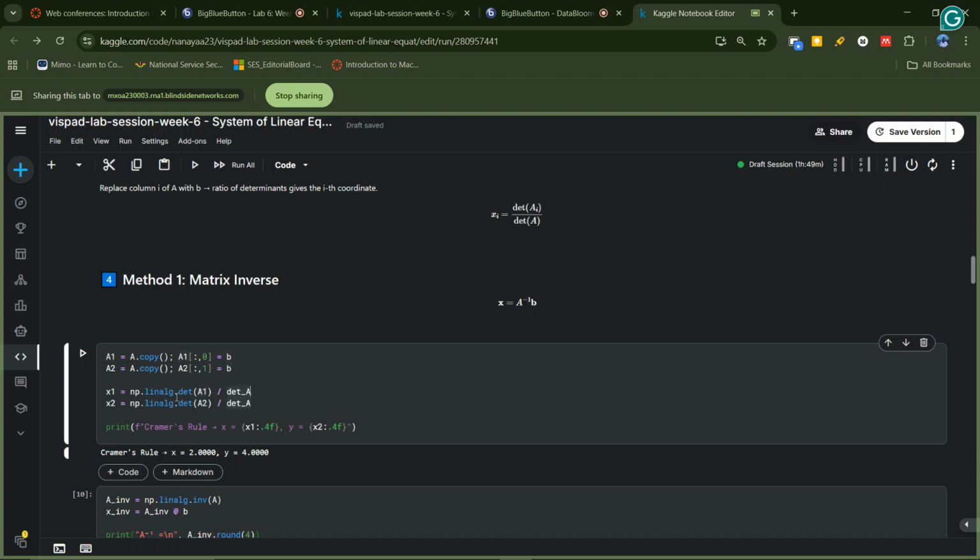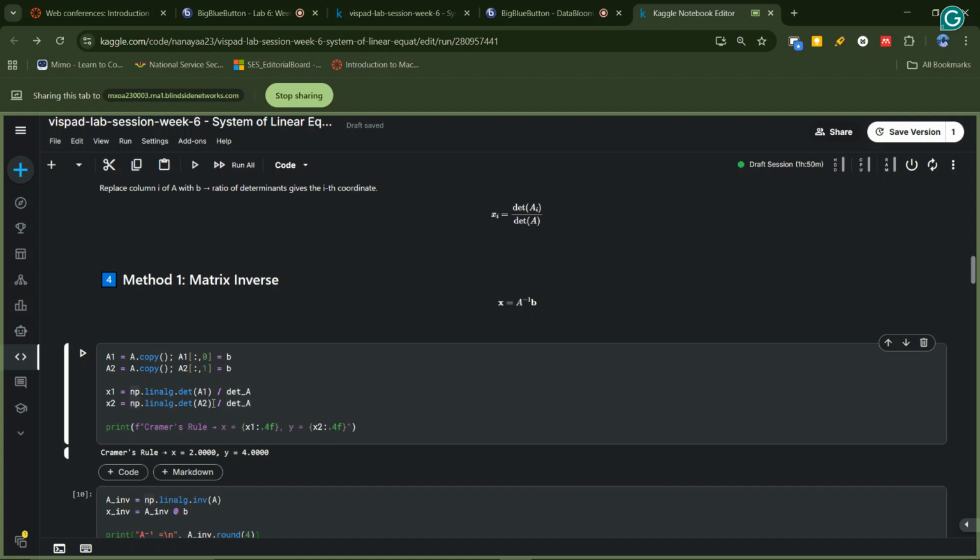So X1 becomes, so X1 over here, don't be confused. Your X1, X2, it could have been X1, X2. I was also saying X and Y. Don't be confused. I just mean literally the same thing. So X1 over here is what? The determinant of A1 over the determinant of A, and the determinant of A2.